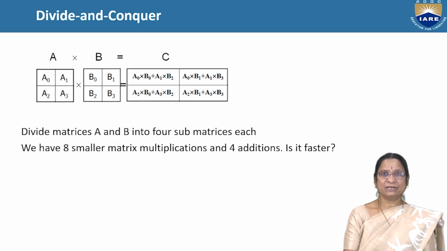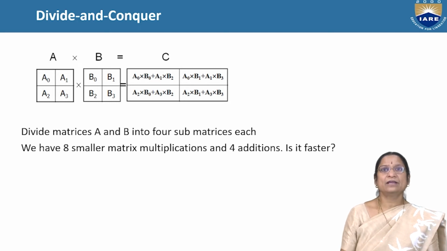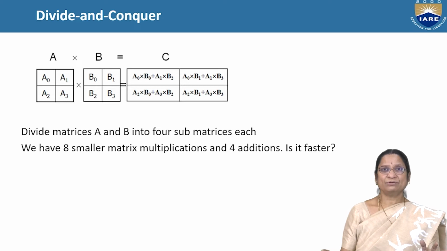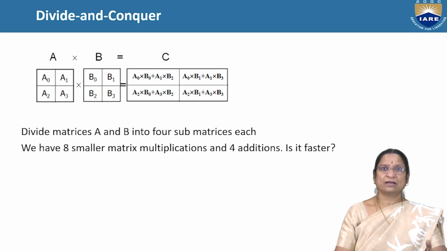Now, we have been discussing divide and conquer techniques in previous videos. We will first see whether divide and conquer can be applied to this matrix multiplication. That is the first question.